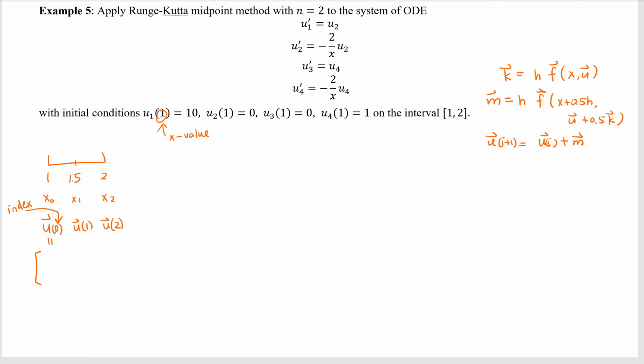Initial value we have 10, 0, 0, 1. So far, so good, everybody? Okay, I know the abuse of notation. I'm really sorry about that, but I couldn't think of a better way to do that. Because the subscript is for the coordinates, right? And then the superscript looks like powers or derivatives. So I don't want to do that.